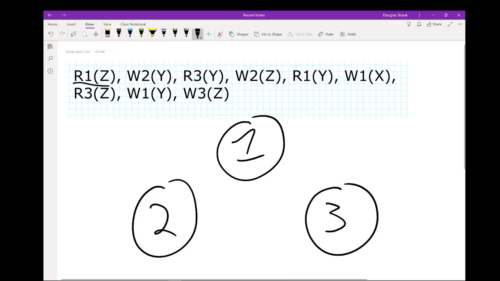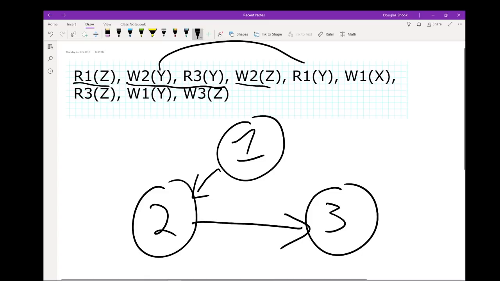So this guy and this guy, right? Yeah. All right. What other ones do we have? 2 to 3, which is right here, right? 2 to 1 based on what? Y. Based on Y, so from here to here. Any others?